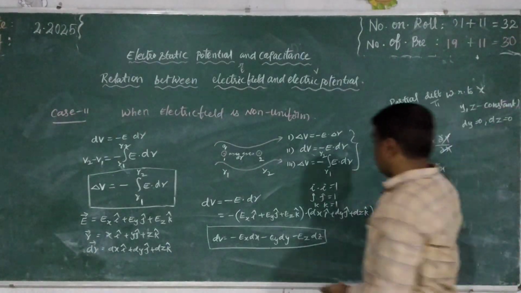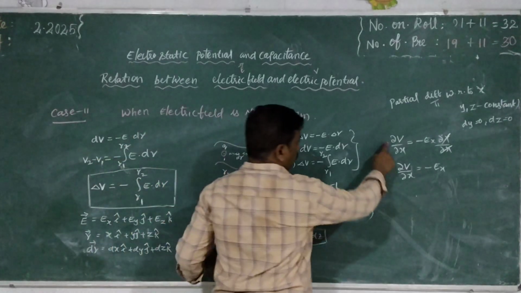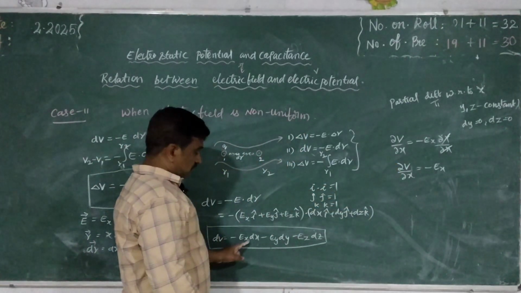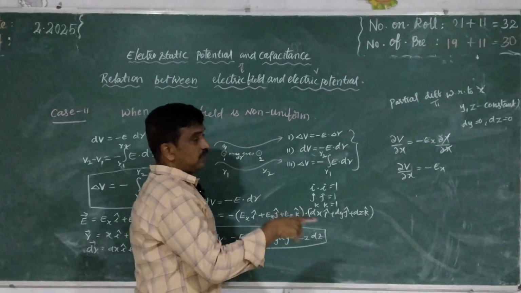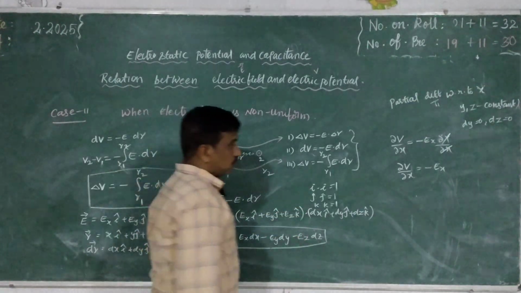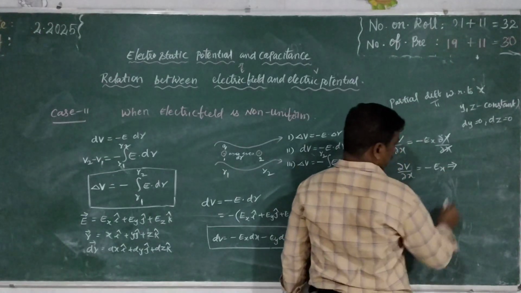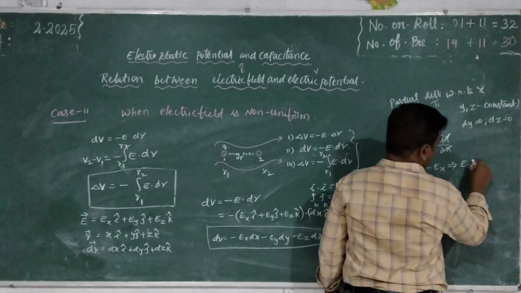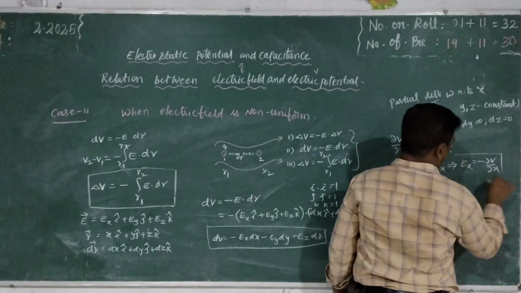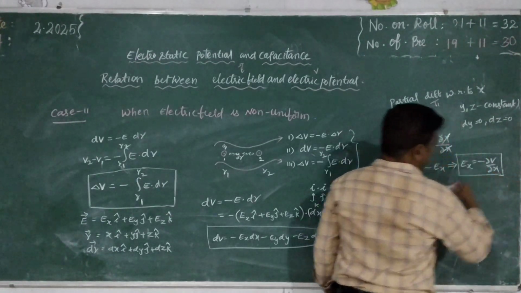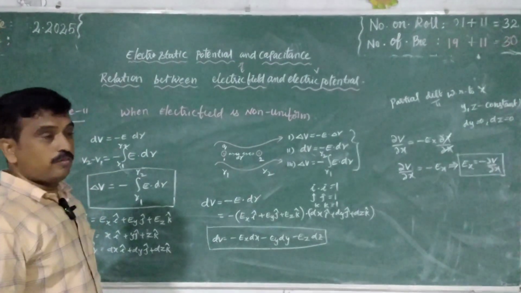In this case we can differentiate this one with respect to x, means dou V by dou x, minus Ex dou x by dou x, dou x cancel, so what we get is Ex, remaining terms 0, so what we get: dou V by dou x equal to minus of Ex. From this we can write Ex equal to minus dou V by dou x. We get after partial differentiation with respect to x, Ex equal to minus dou V by dou x.